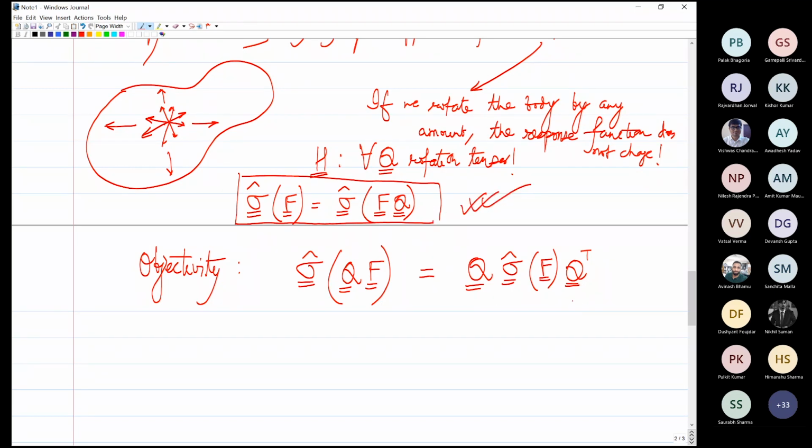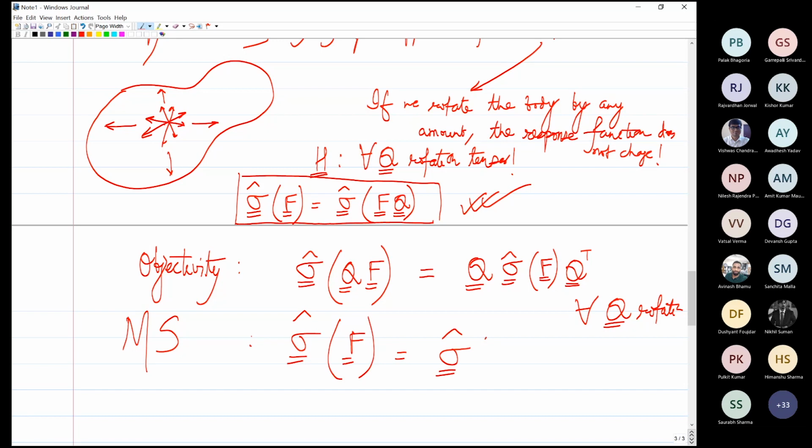So objectivity says this is the case for all Q rotations. Whereas material symmetry, MS, says that sigma hat as a function of F is equal to sigma hat of FQ for all Q in that symmetry group G.